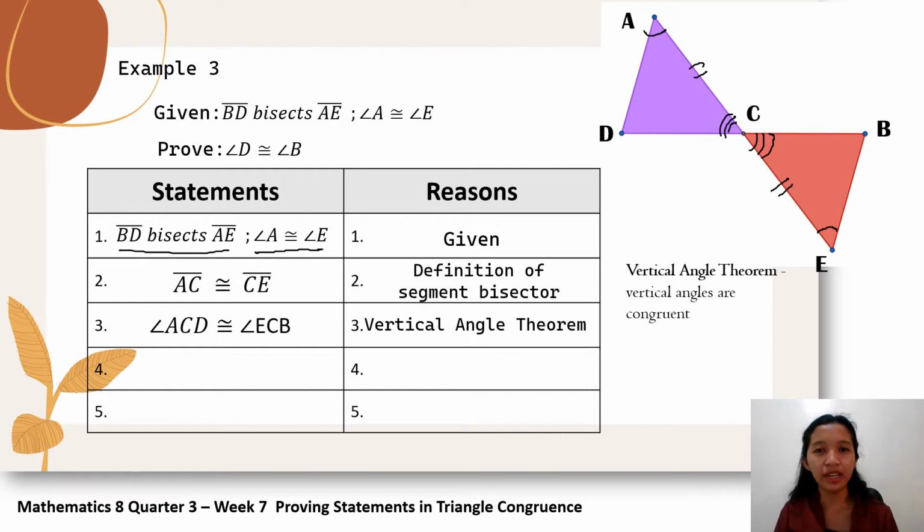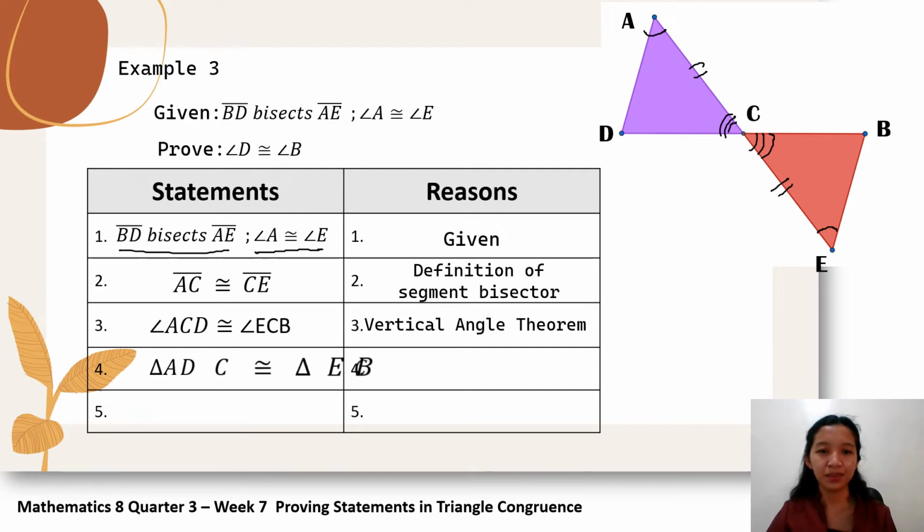So if you have already three congruent parts, then we can now say that triangle ADC is congruent to triangle EBC. And what is our reason? What postulate do our two triangles fall under?